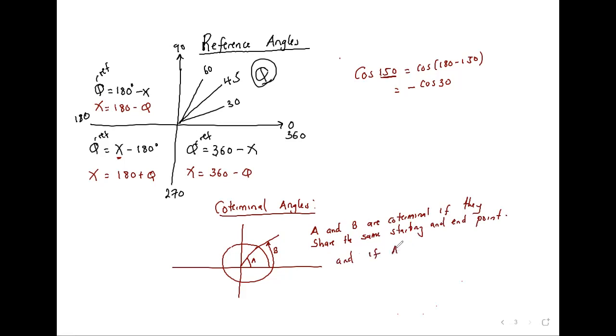If A and B are coterminal, then sine A is equal to sine B. Cos A is equal to cos B. Tan A is equal to tan B. Cosec A is equal to cosec B. Sec A is equal to sec B. So coterminal angles give us the same value.